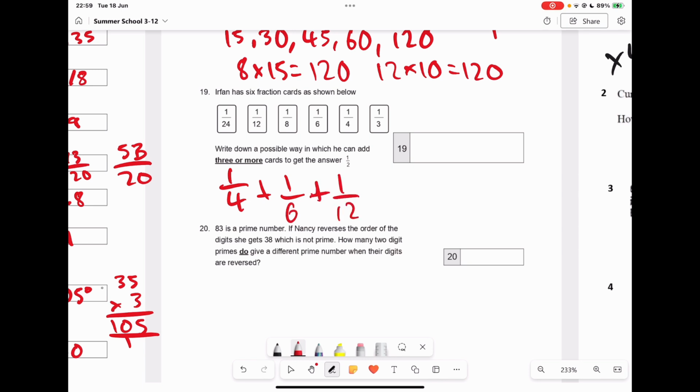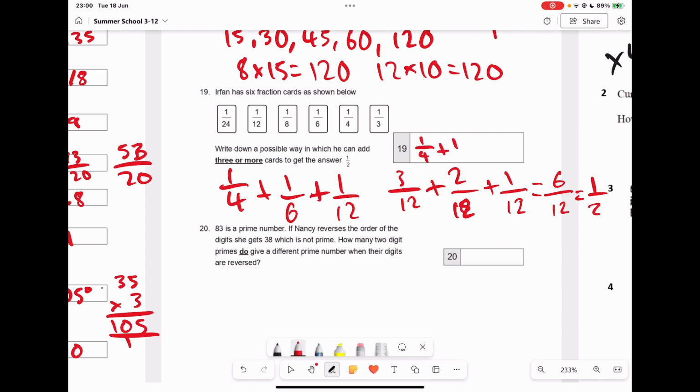That could work, because that's like doing 3/12 plus 2/12 plus 1/12, and that's 6/12, which is a half. Okay, so that's the answer: 1 over 4 plus 1 over 6 plus 1 over 12.